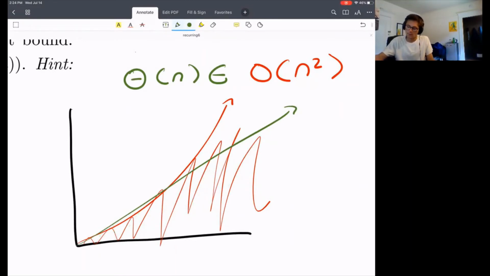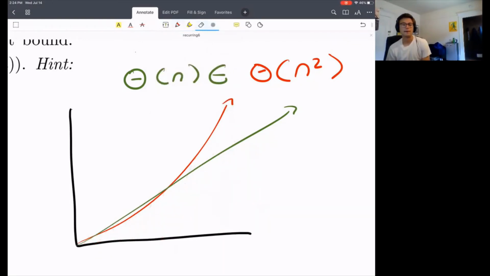Okay. Here's another question though. Could we say something like this, where theta of n is contained within theta of n squared? And the answer is no, this is not correct. Because look, we're basically again asking, is the green region contained completely within the red region?